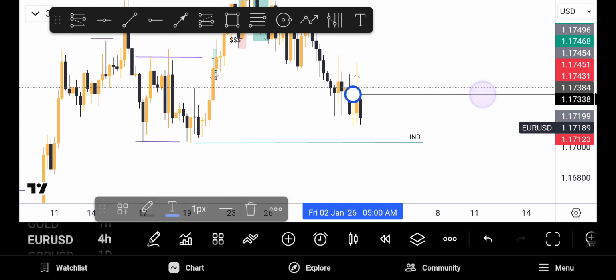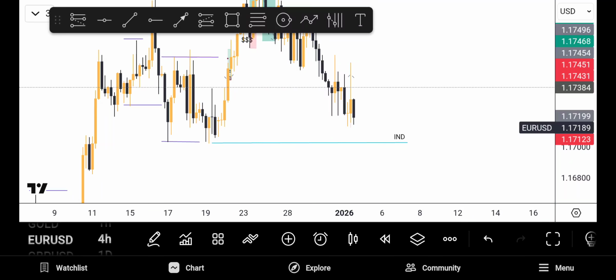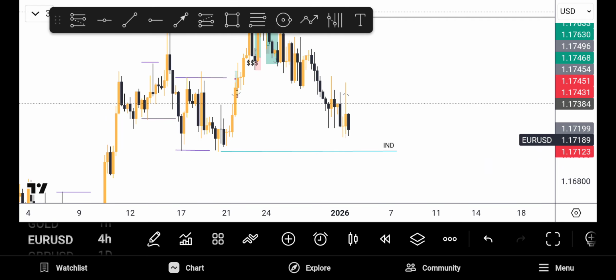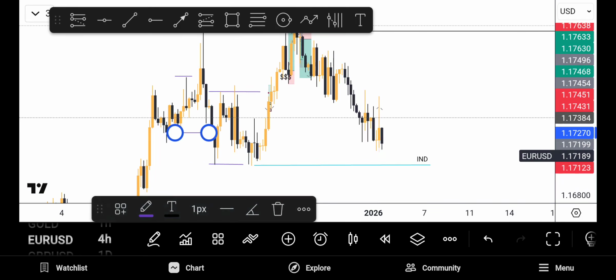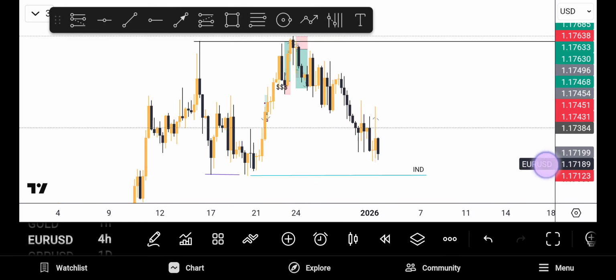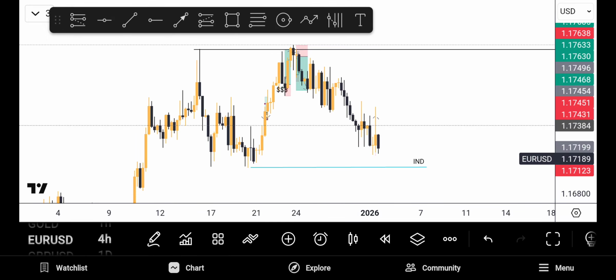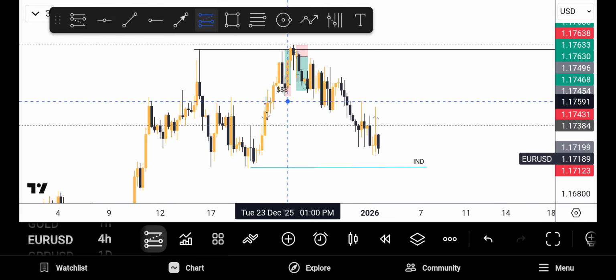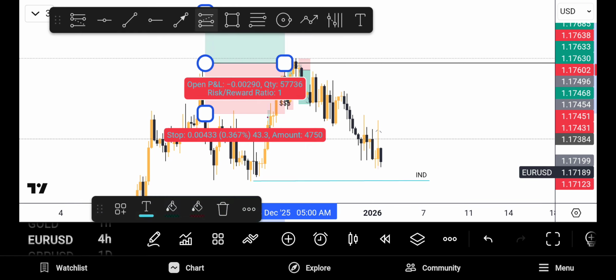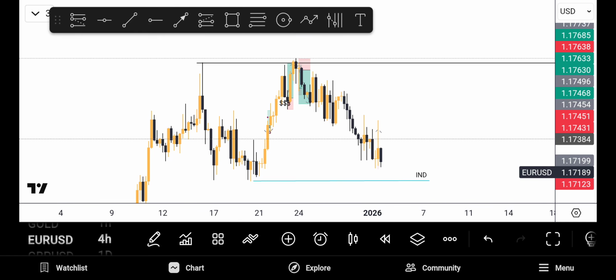Let me delete this and look where the market was heading to. So you can know in two ways where to enter the market from. One way is to take 50%, using the Fibonacci tool.